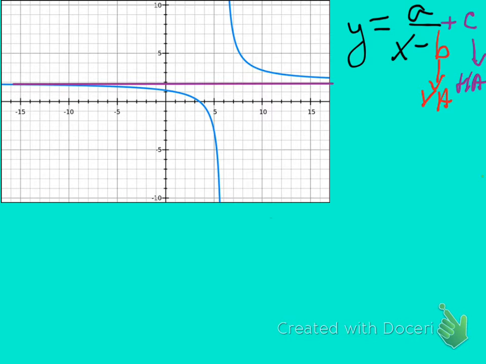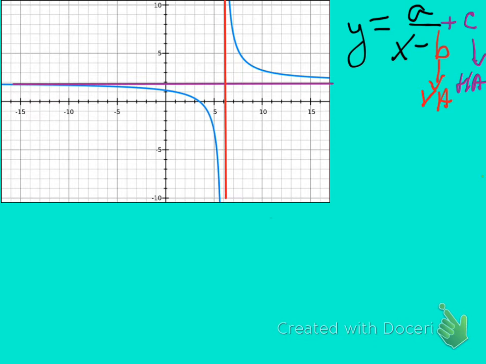And it seems that my vertical asymptote is located right here, which is x equals 6. And the next step is to find a point on your graph.